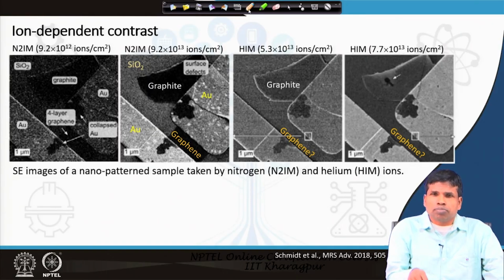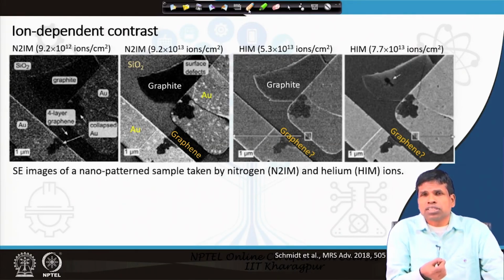The ion beam will not penetrate much, and even though it penetrates to an extent, it will recoil here and there, and the chance of forming backscattered ions is less. Therefore, it will produce fewer backscattered ions. As it produces fewer backscattered ions, the chance of formation of SE2 is also less. Therefore, the SE1 to SE2 ratio is higher, and that gives us the superior surface resolution with a helium ion microscope.